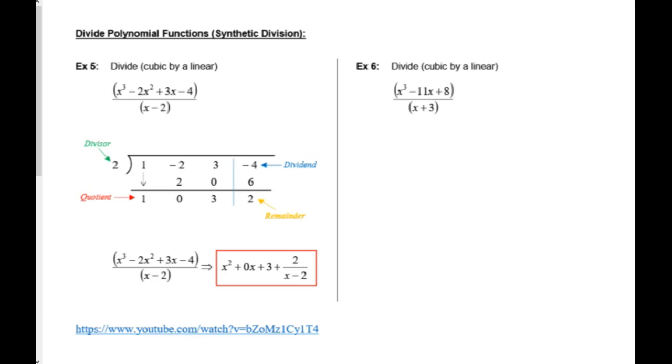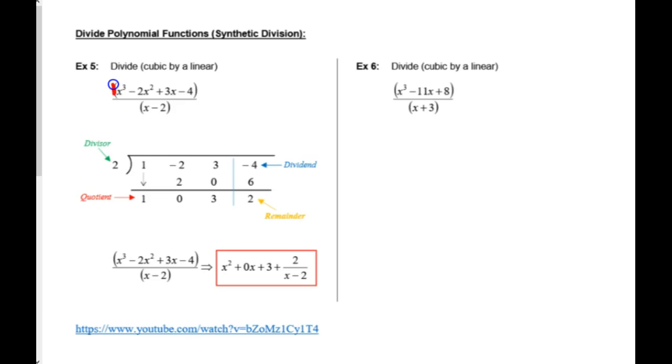Let me show you what they did on example 5, okay? On example 5, what they did is they took every one of these coefficients. You all know what coefficients are, right? The numbers in front, okay? So, check it out.